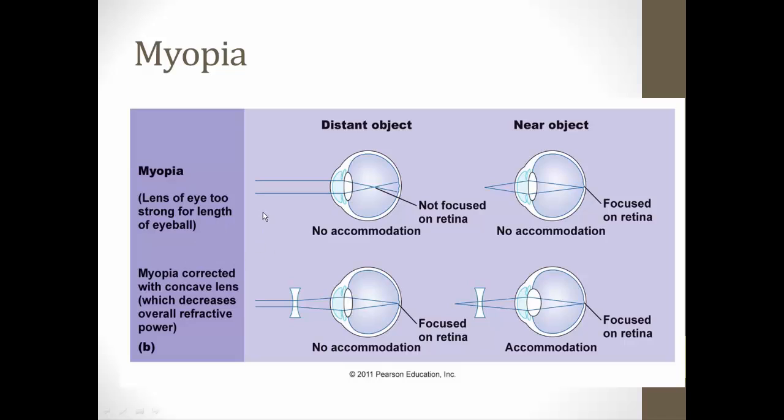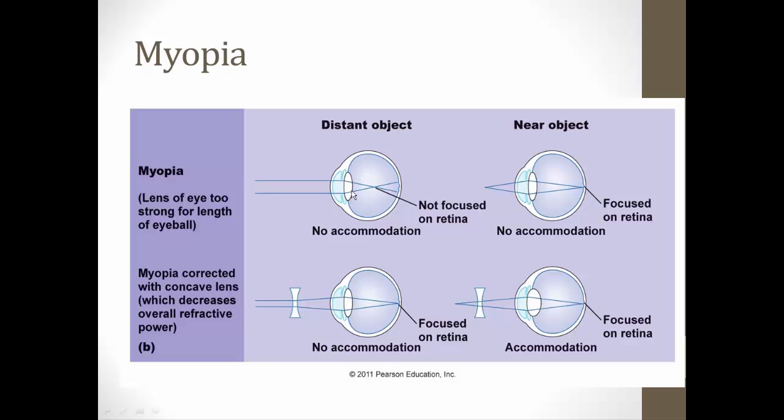So let's look at the two possibilities here. A person who's myopic, remember this is nearsightedness, sees really well close up but can't see very well far away. When light comes in from a distance, it's coming in parallel. Remember, the lens is not accommodating, so the ciliary muscles aren't contracting.